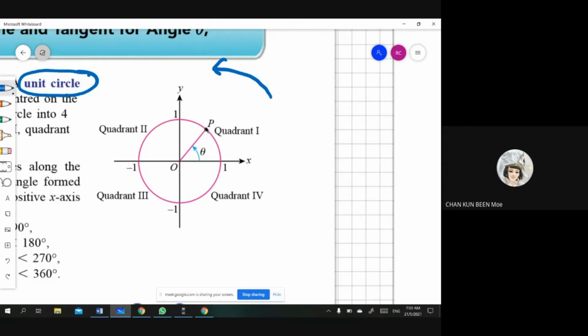It is a point that moves along the circumference in pink color here. And then the angle theta will form over here on the radius of the unit circle. So OP from the positive x-axis over here is in anti-clockwise direction. So you can see the angle, the arrow is showing this way.